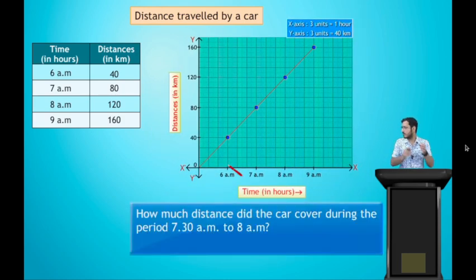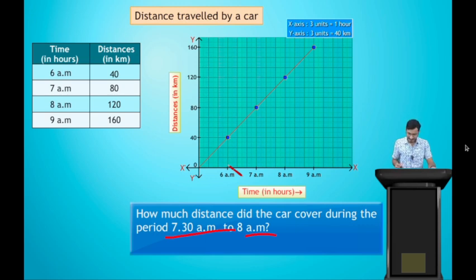How much distance did the car cover during the period 7:30 a.m. to 8 a.m.? Students, can you tell me? Read the graph paper and tell me the answer.